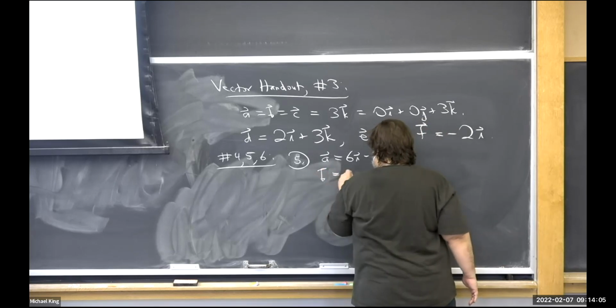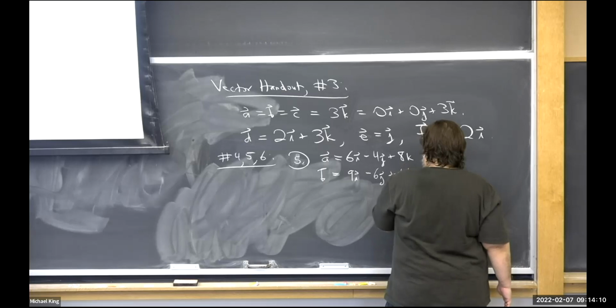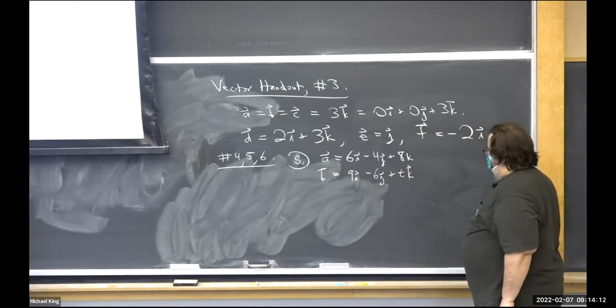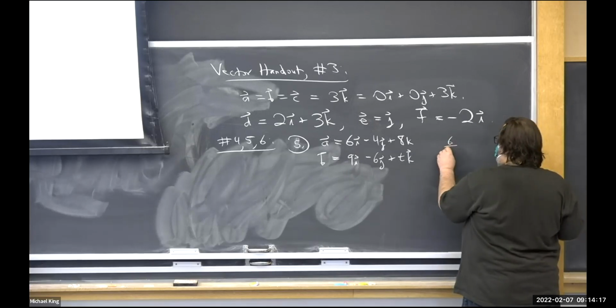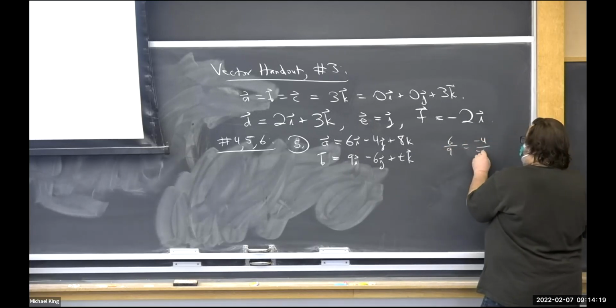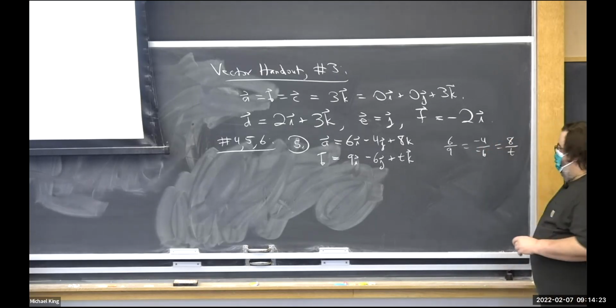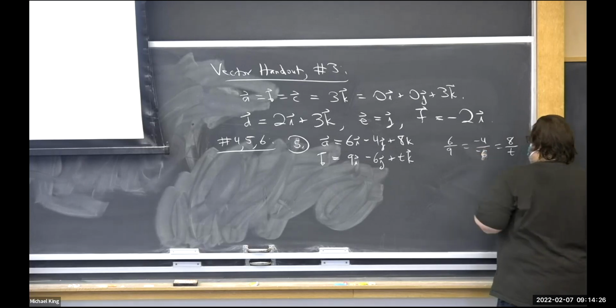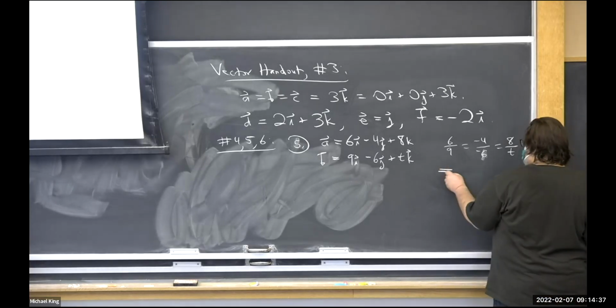B is 9i minus 6j plus tk. And we have the ratio 6/9 equals -4/-6 equals 8/t. That's what you're saying? The ratio should be the same for the two vectors to be parallel, right? And so I think that means t is 12?